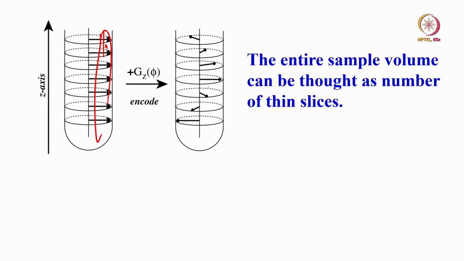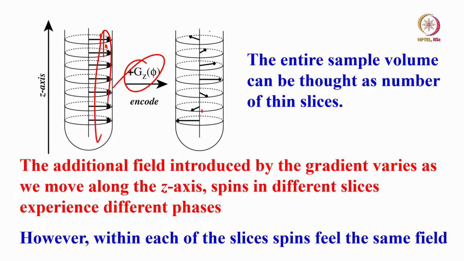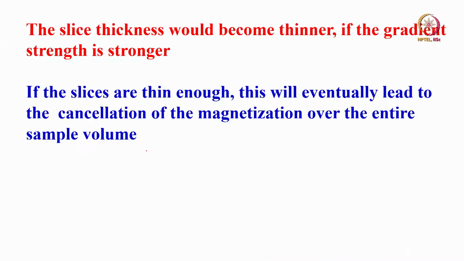Here, because of the GZ, the frequencies are all different. Different slices of the sample experience different Larmor frequencies. They are all rotating at different precession frequencies. The additional field introduced with the gradient varies along the z axis. However, within each slice, the spins experience the same field.